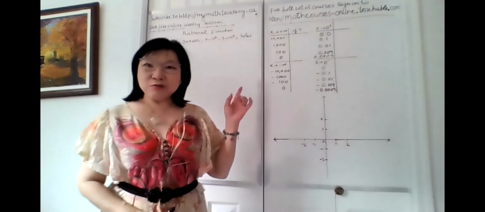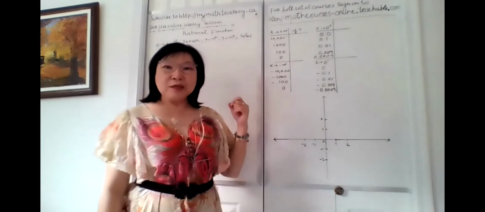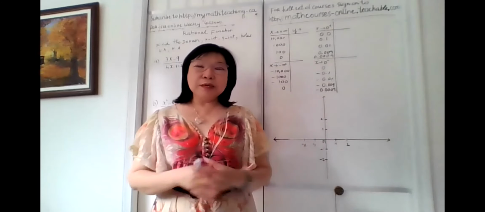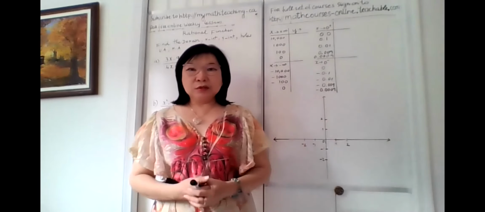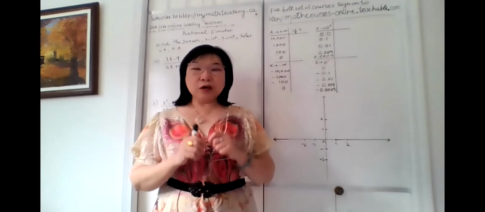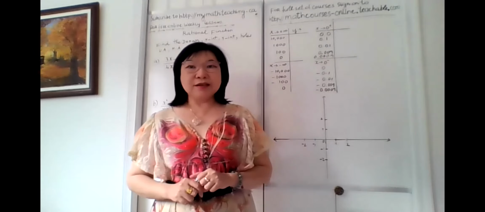So the topic today, we're talking about the rational function. What is the rational function? Now, in elementary, you have learned that any fraction, for example, 3/4, or maybe 1/200, and so on, we call rational numbers.